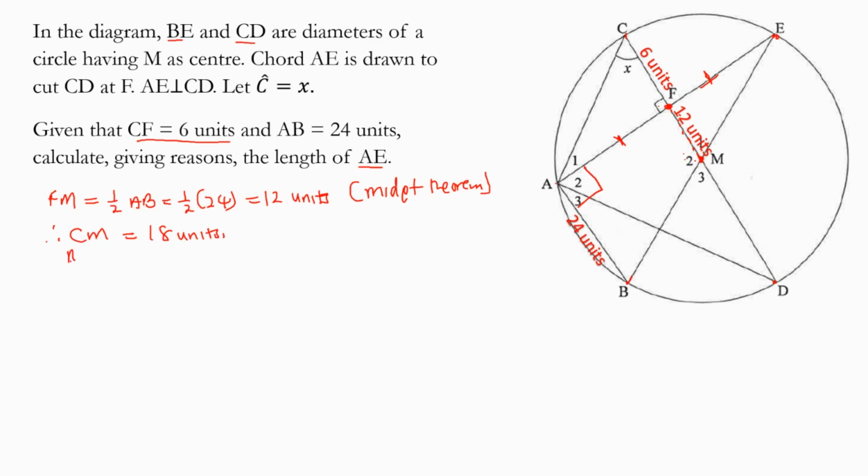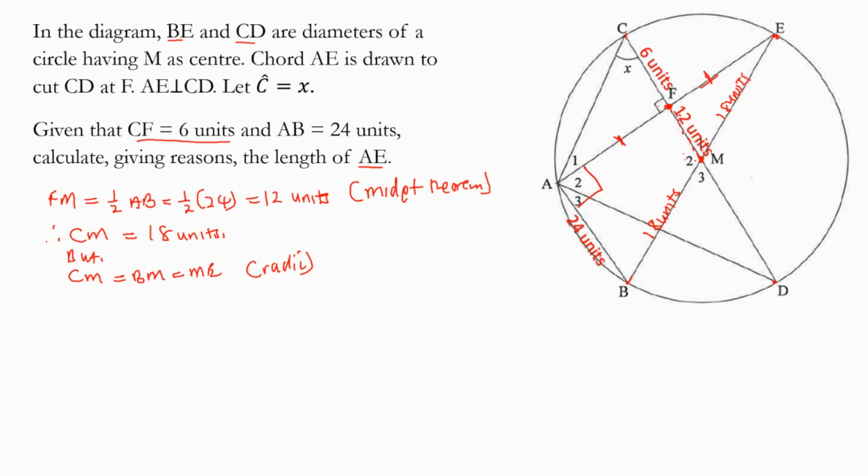But if you check, CM is equal to BM is equal to ME, since they are radii. So BM is also 18 units, and this one also is 18 units.